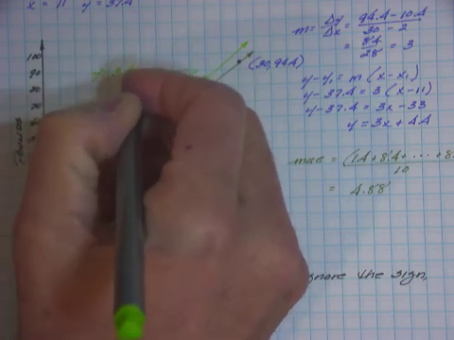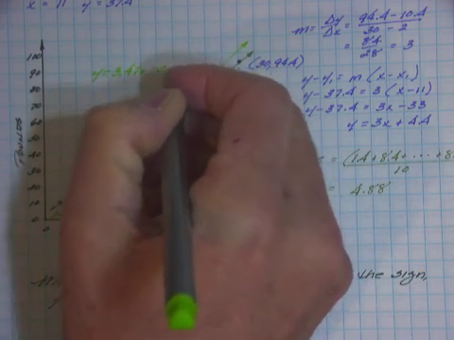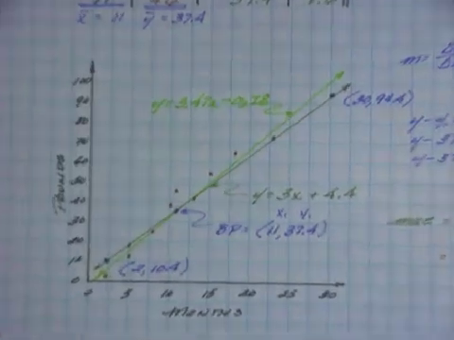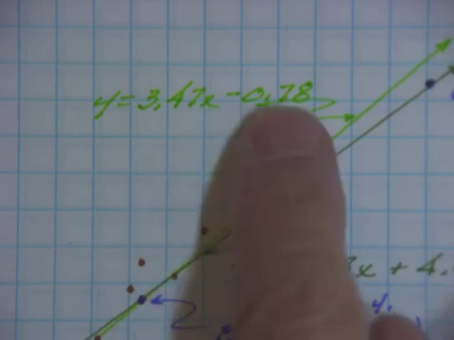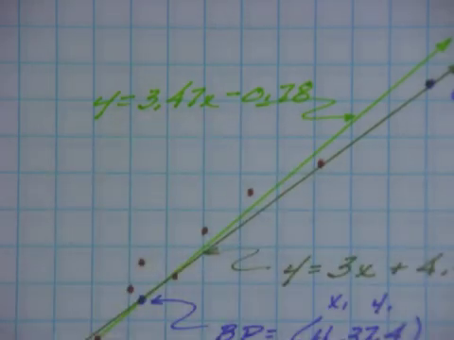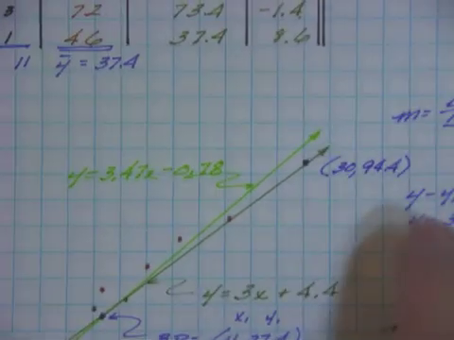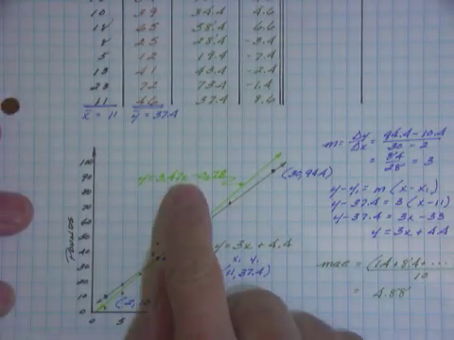And I came up with the equation y equals 3.47x minus 0.78. If that seems oddly specific, it's because I used a regression formula on a calculator to actually figure out what the exact best fit line equation was. And we're going to see what we get with the mean absolute error.